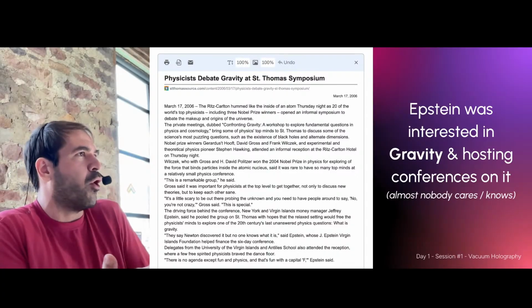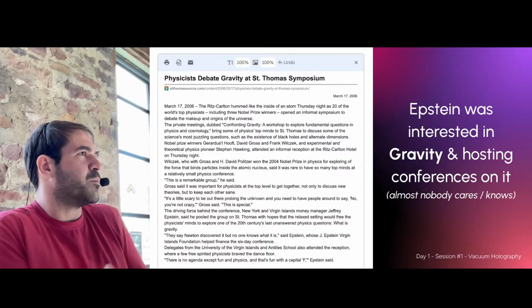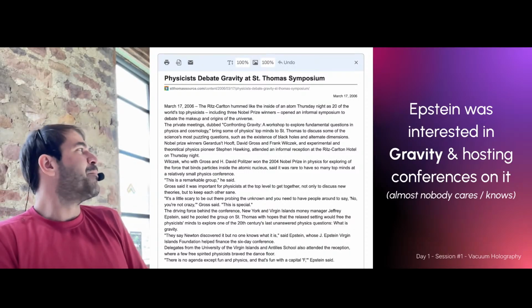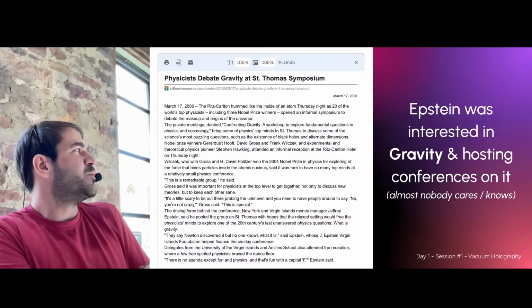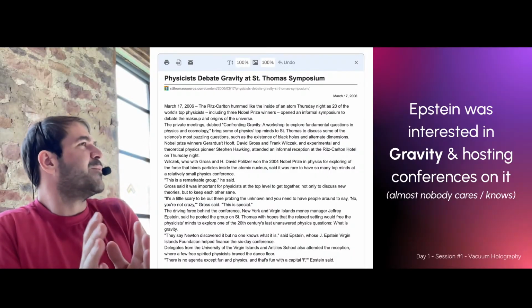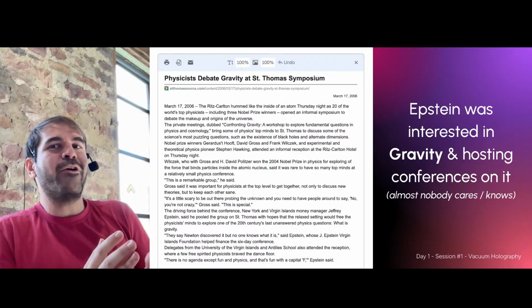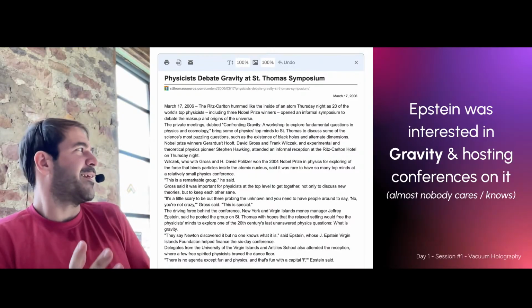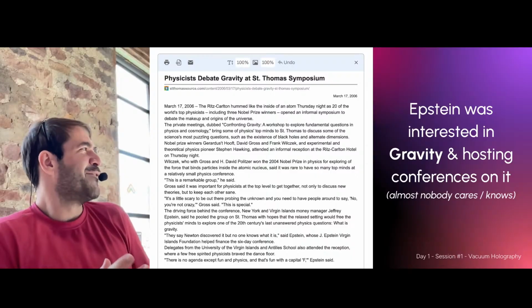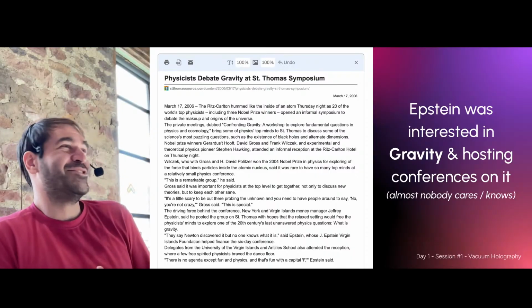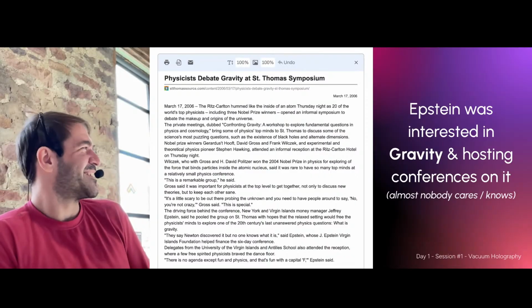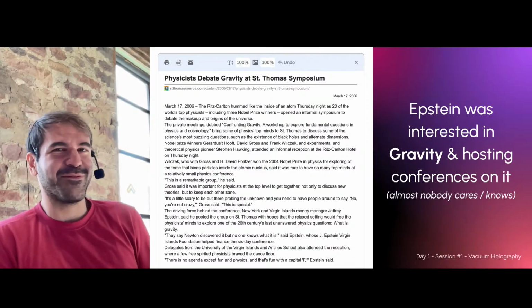Let's reveal all the information about what was going on, why this happened, all that kind of stuff. But observer portals have yet to connect to this thing, which is that out of basically nobody that was funding gravitational physics, for some reason, Jeffrey Epstein was funding gravitational physics and exploring gravitational physics.